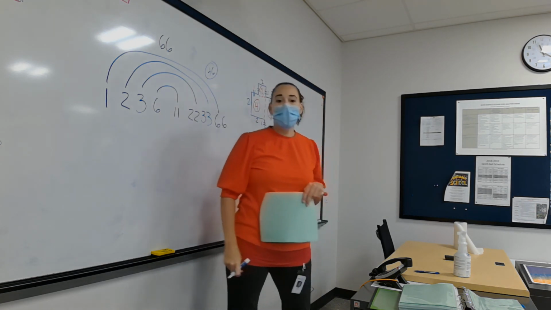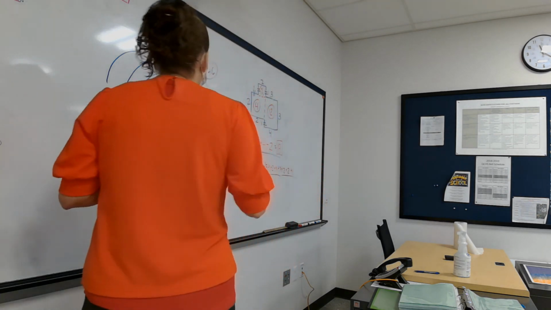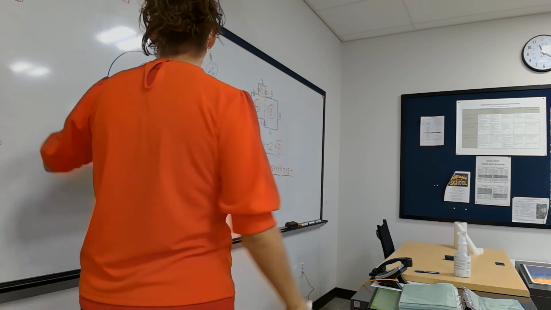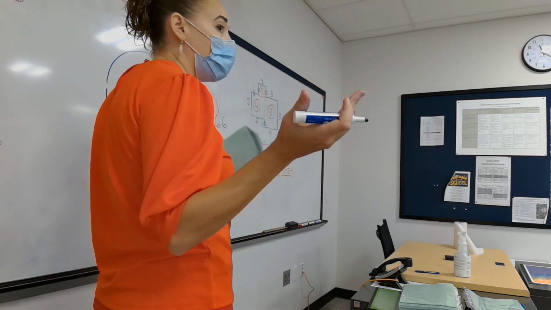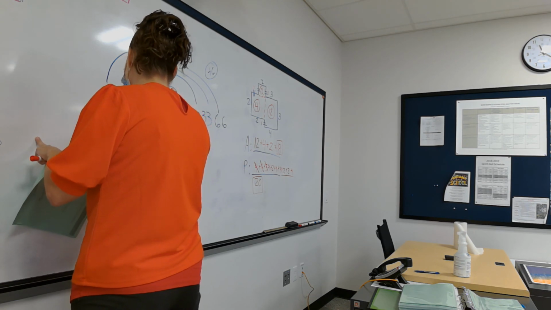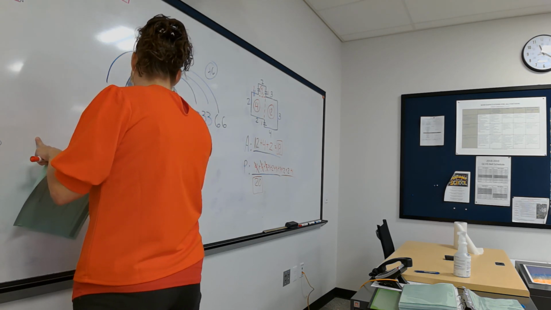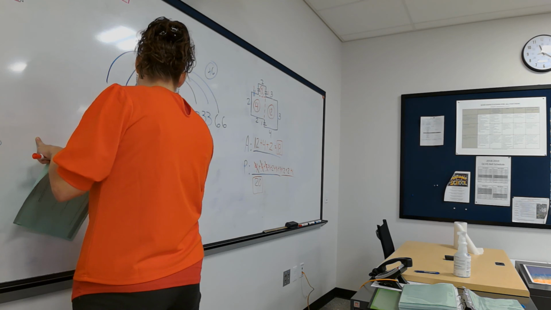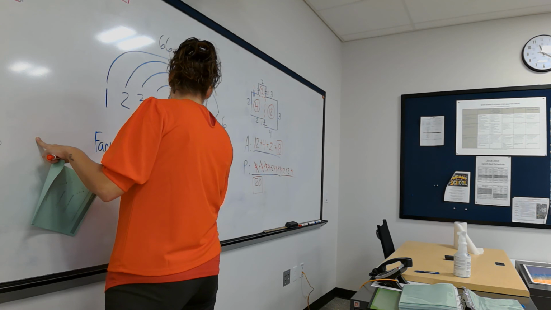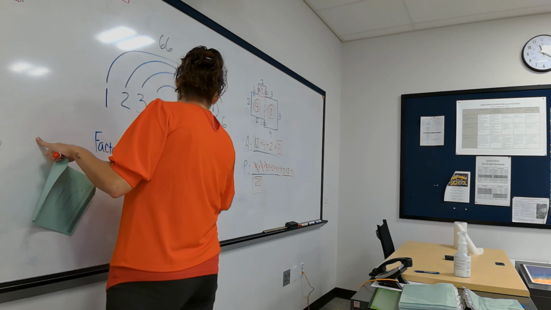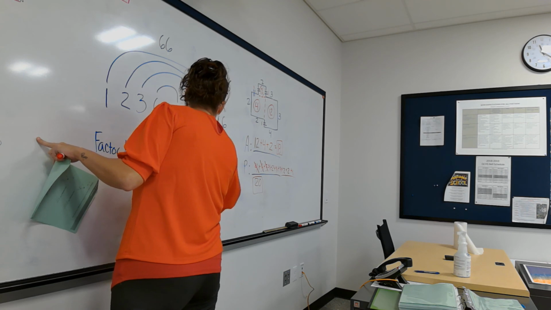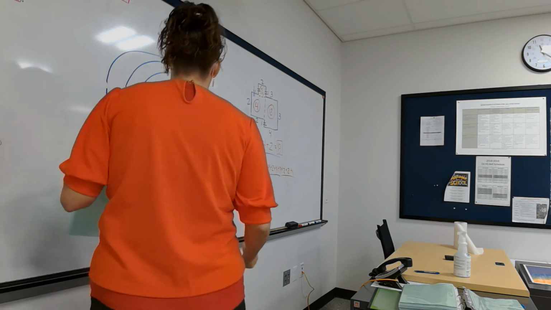Then the bottom says create the factor list. Remember, your factor list has to go in numerical increasing order. If you drew your rainbow arc, right, factor list is super duper easy. You would simply say factor list: 1, 2, 3, 6, 11, 22, 33, 66.